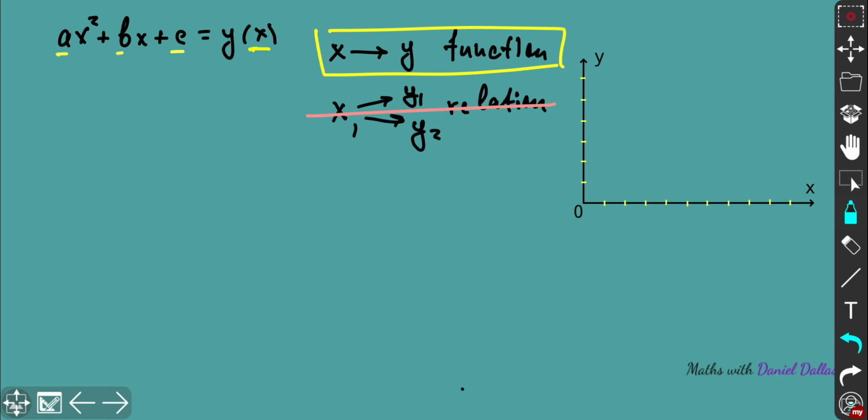Let's go next. What you need to know in order to be successful with different sorts of questions is how to sketch the graph. As for a straight line, you need to know the behavior of the function.